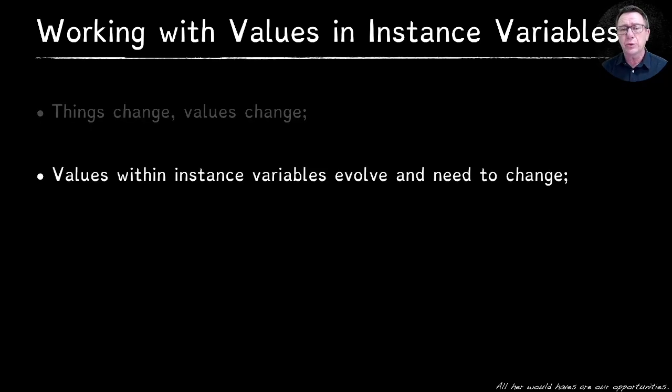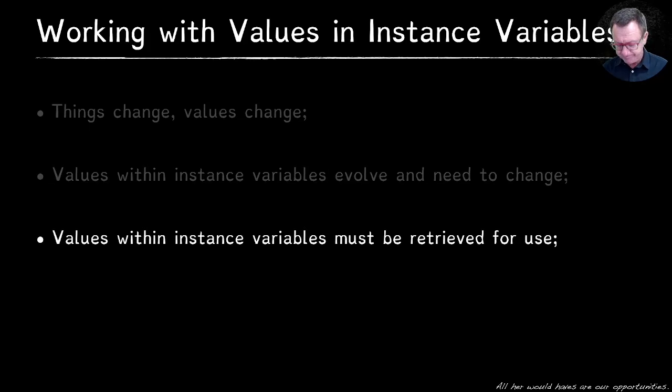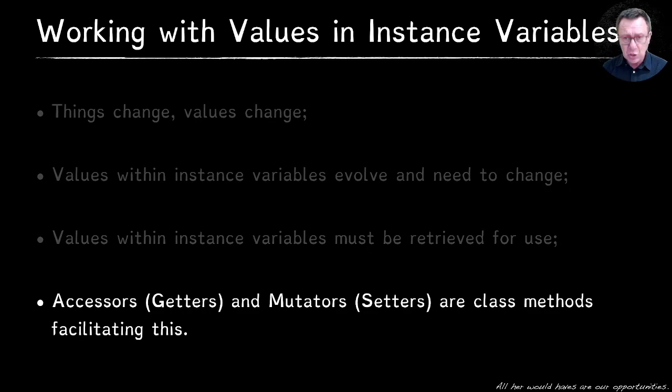So it evolves and we need to change it. We also need to be able to retrieve the values so we can use that data for things. Makes sense, I would think. So our accessors, which are our getters, and our mutators, which are the setters, are the things within our class that allow us to do this with our class fields, our instance variables.